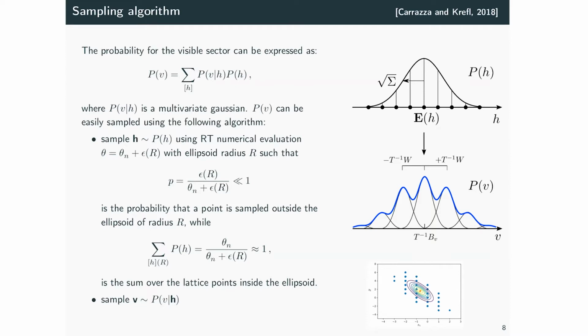So using this first step, we are able to sample h from P(H), and the next step is quite trivial. It is just to sample V using this conditional probability P(V|H), which is just a multivariate Gaussian.